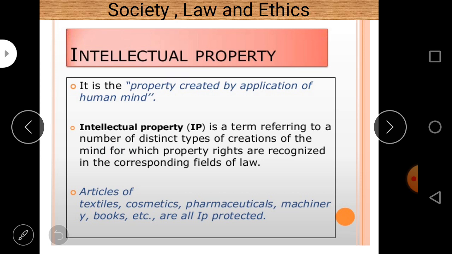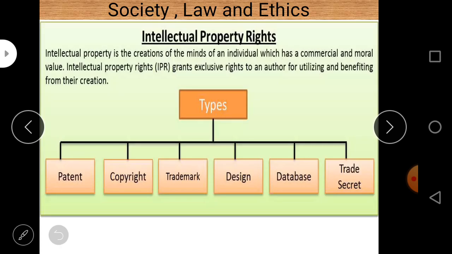It is a term referring to a number of distinct types of creations of the mind for which property rights are recognized in the corresponding field of laws. The articles concerned regarding intellectual properties are textiles, cosmetics, pharmaceuticals, machinery, books, etc. And the types of intellectual property rights are patent, copyright, trademark, design, database, and trade secret.